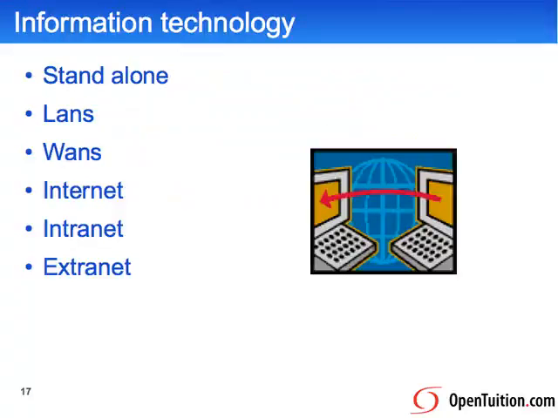IT systems can also be categorized by their hardware. Standalone systems are single computers not connected to any other computers. LANs, or local area networks, is a number of computers connected to other computers.